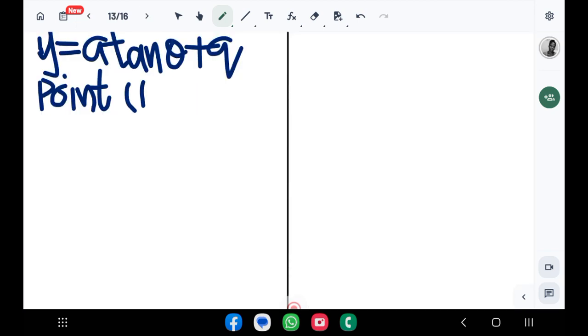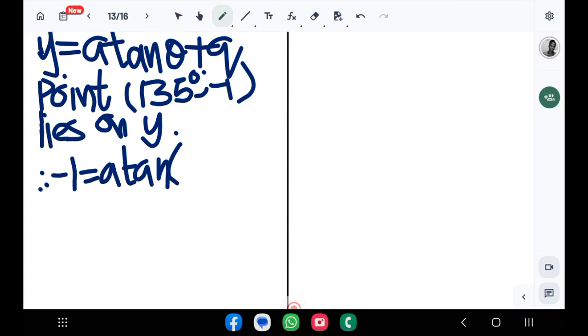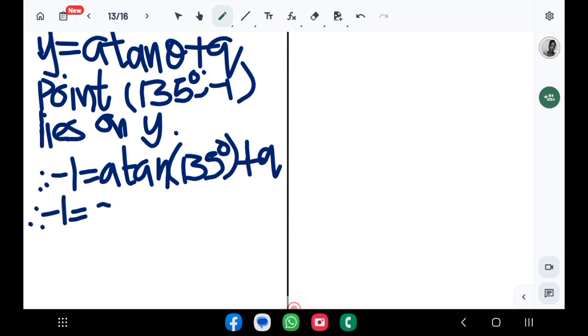Point (135, -1) lies on the graph. Therefore, you substitute this point, negative 1, into the equation: negative 1 equals a tan of 135 plus q.